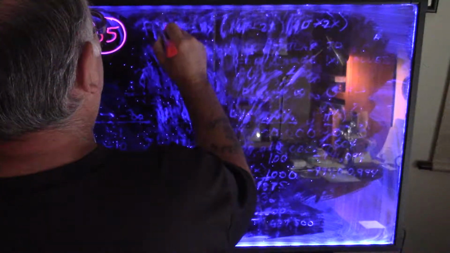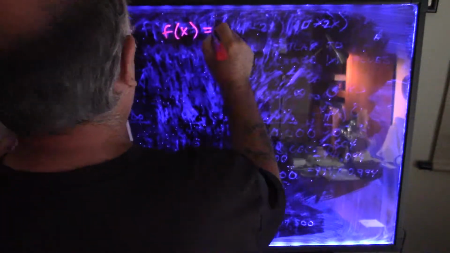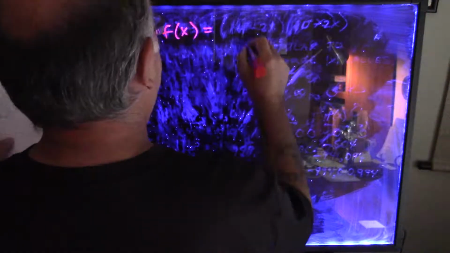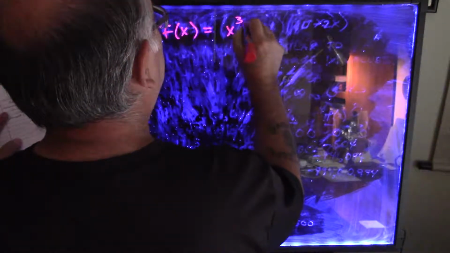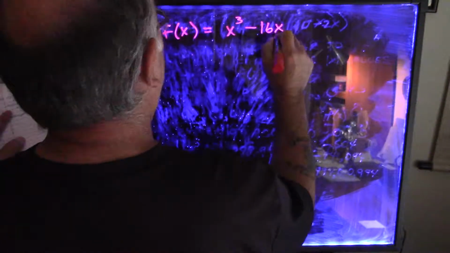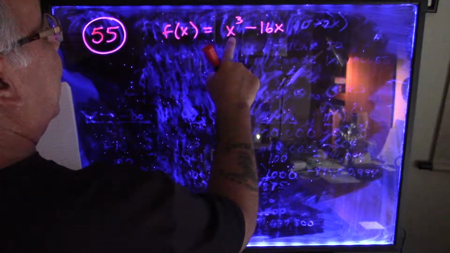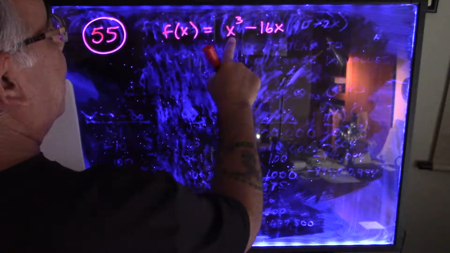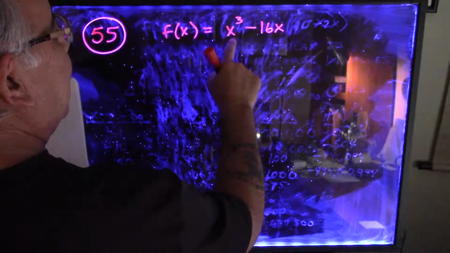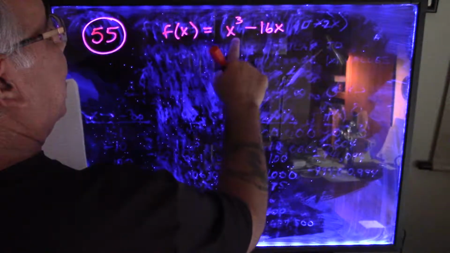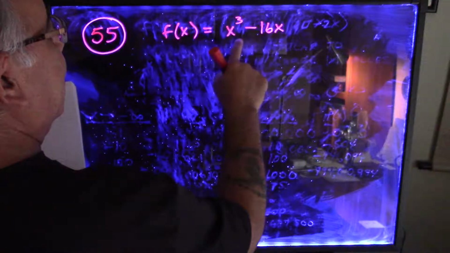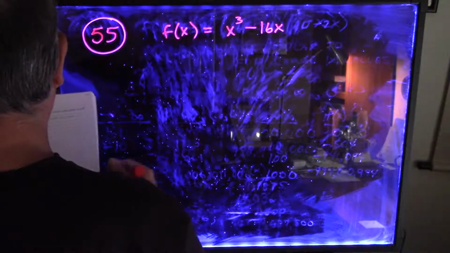55. We have f of x equal to x cubed minus 16x. So the dominant term here is x cubed. For large absolute value of x, this term is going to be a lot bigger than this one, so it will dominate the whole function.